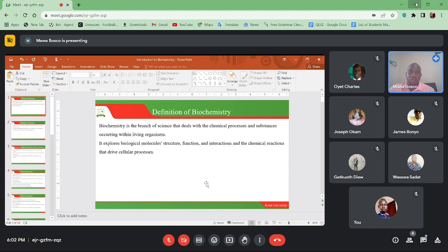For example, it can combine with other organic molecules, and basically it forms the backbone of organic molecules. It has the ability to combine with four other atoms for it to be stable. Okay, so that is carbon, which is the predominant element.